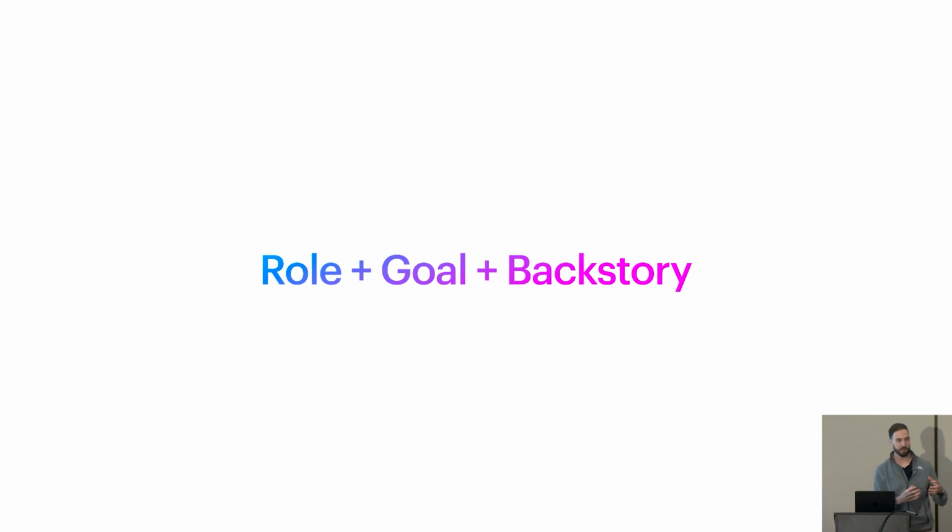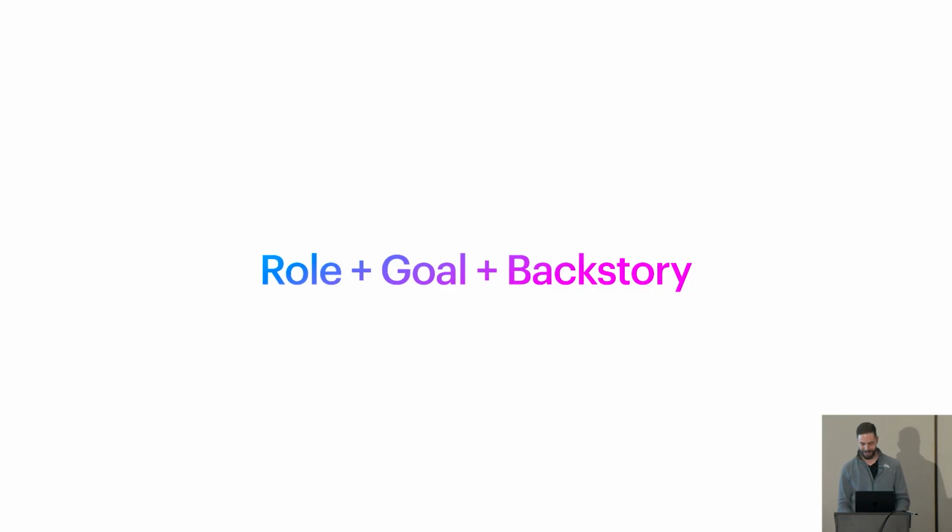The goal is something very clearly defined that it should reach. And the backstory is something like, well, you graduated from Harvard, you were top of your class. Since then, you worked 10 years as an expert lawyer or whatever. All of this is kind of a role-playing thing, right? You get the LLM to role-play, and they are actually really good at that.